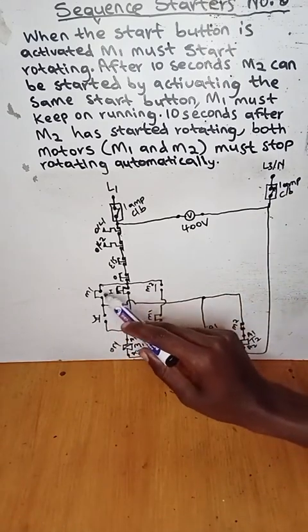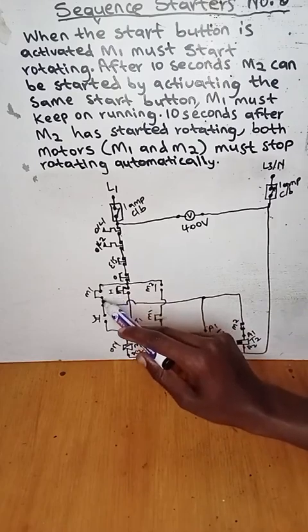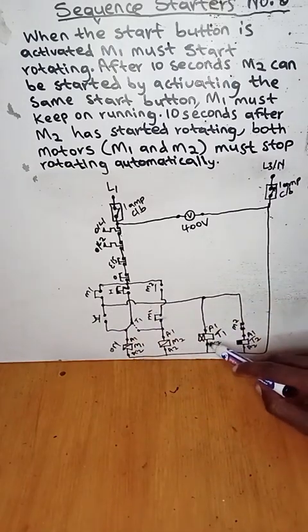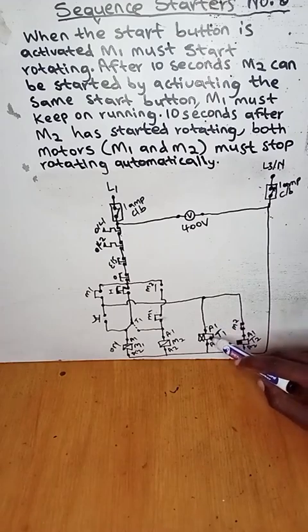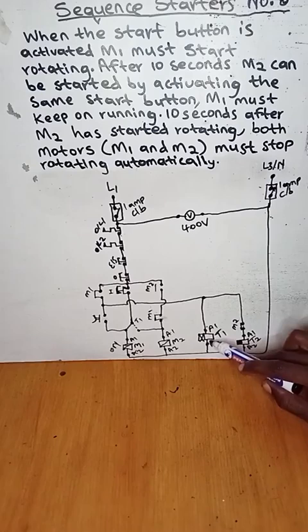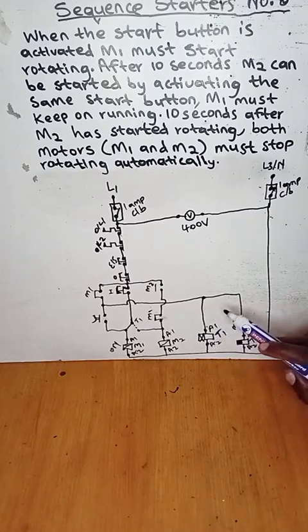So from the retainer of motor 1, live current will flow all the way to energize the coil of delay on timer, in which means it must start to count. But before it counts, we must also check where did the live current flow to, right?